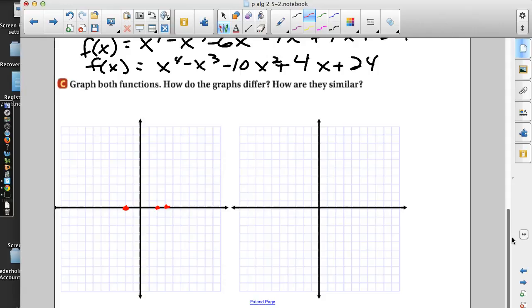And notice I didn't even change my window yet, because that's what I really needed to see. So it's going to go up to 13. If we go by 2s, it'll be just fine. So let's see, we are at negative about a half, 2, 4, 6, 8, 10, 12, about there.